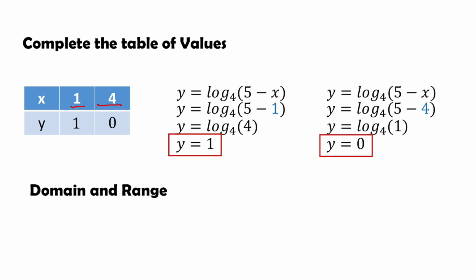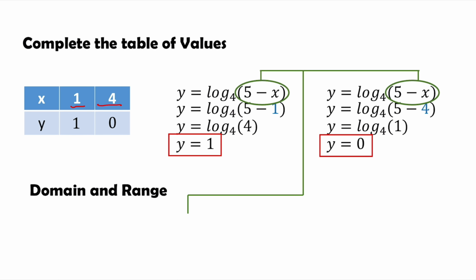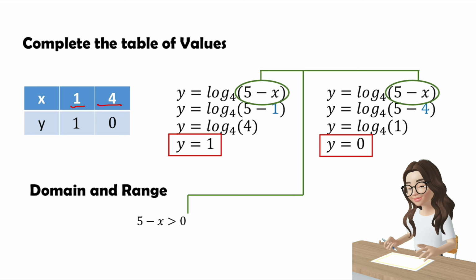Remember, you could always locate or solve for more coordinates than this. So the step 3 will help you decide for that. We will solve the domain and range, so you'll have a guide as to what values of x will satisfy our given function. So again, let us get the expression of the logarithm and determine where the value is greater than 0. So that would be 5 minus x is greater than 0.